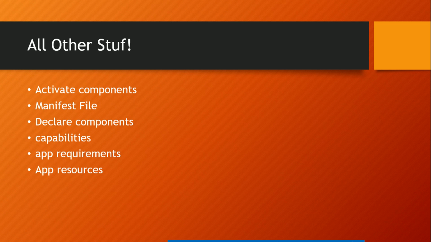So any activity which you are going to activate, or any broadcast receiver or service you are going to use in your application, you have to activate those three components using intent.